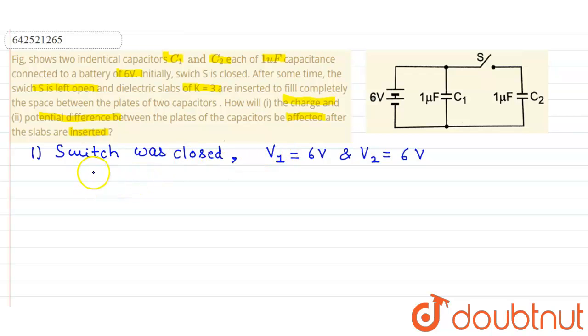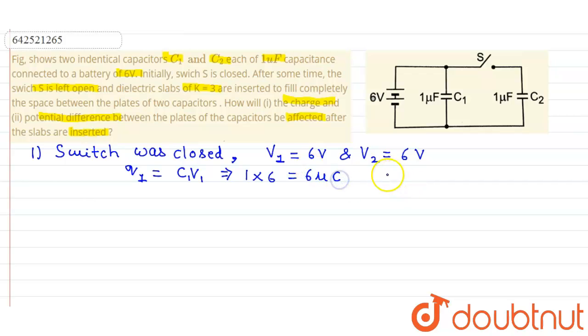Now we can calculate the charge. We already know the capacitances are 1 microfarad and 1 microfarad, both the same. The total charge on the first capacitor, Q1, is C1 into V1, that is 1 microfarad into 6, which means 6 microcoulomb.